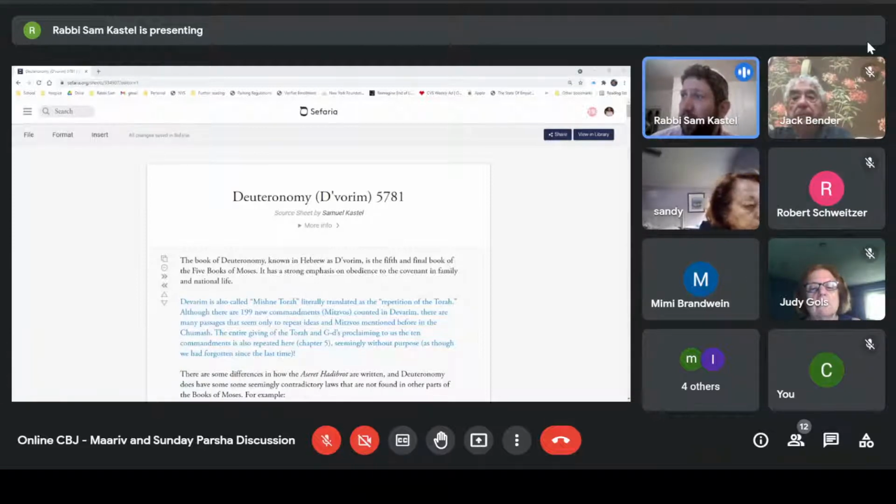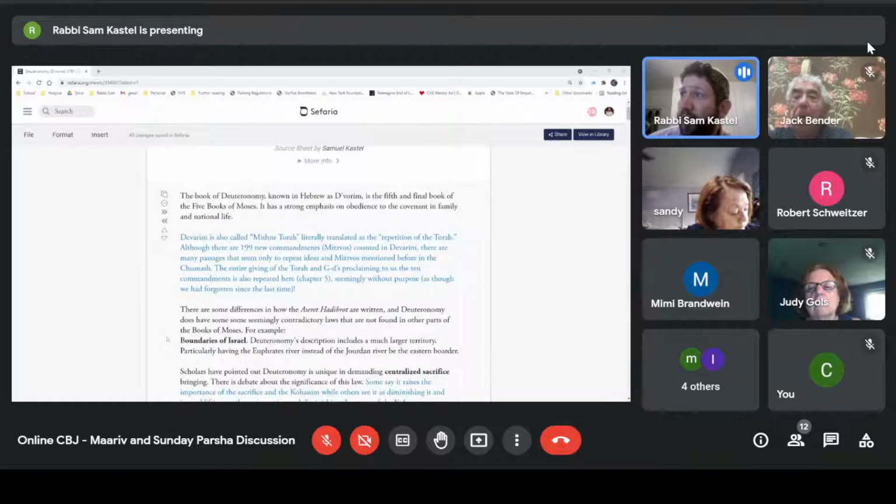The entire giving of the Torah and God's proclaiming to us the Ten Commandments is also repeated here, seemingly without purpose, right? What's the point of repetition, especially when we say that every word and every letter of the Torah is there to teach us something? Why would it repeat it?